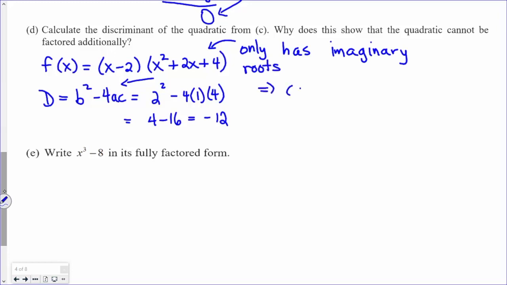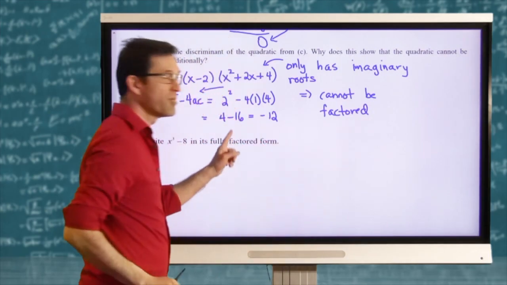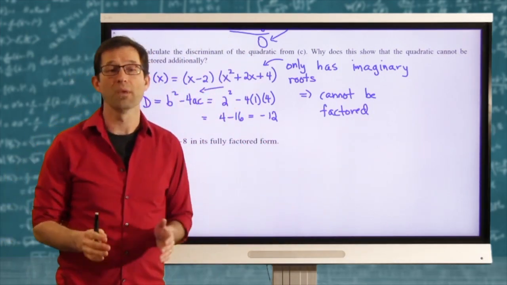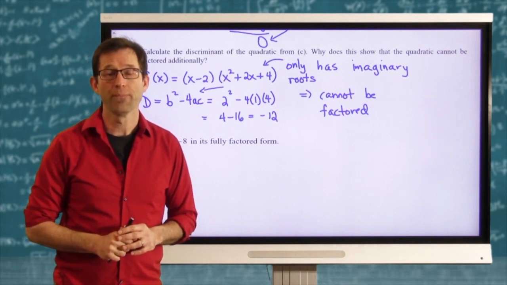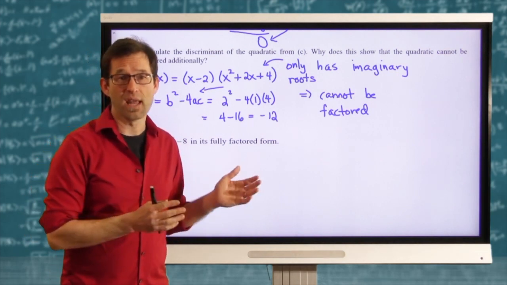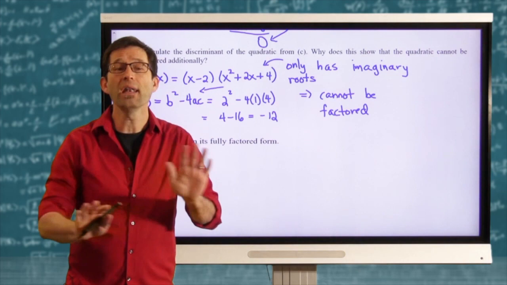So it cannot be factored. Quite frankly, the only way it could be factored is if that discriminant turned out to be a perfect square.